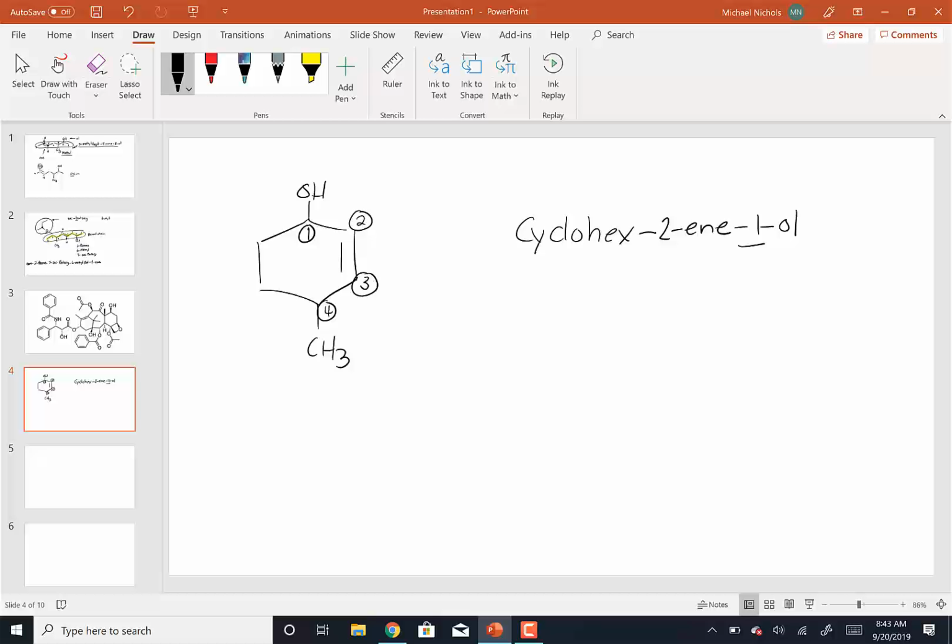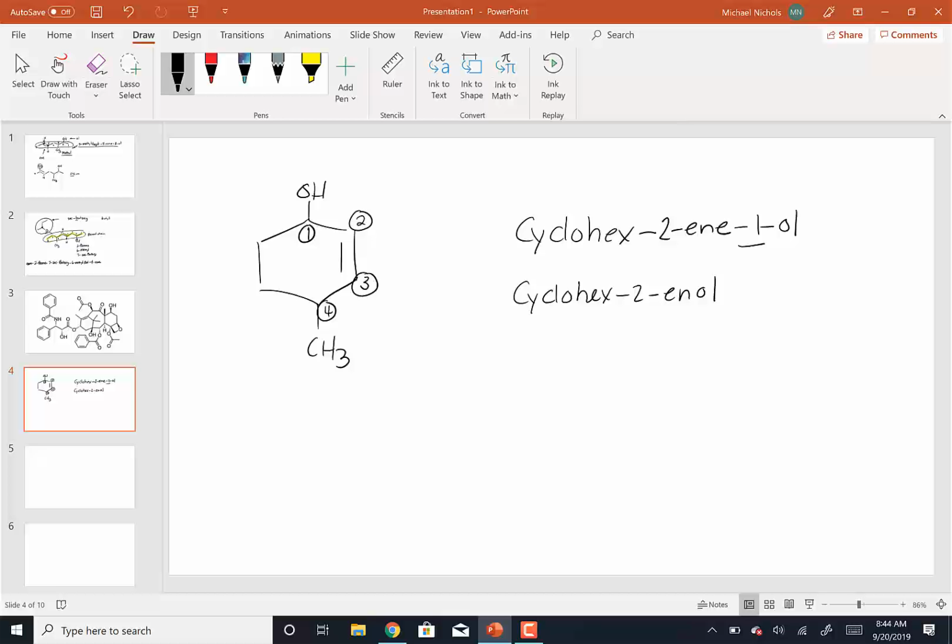And if it's not there, they've decided that you can't have an E next to an OL. So if that wasn't there in your book, you would see this as a cyclohex-2-en-ol, with no E in the ene. So you might see it that way, which just means double bond between 2 and 3, and by definition, the OH group has to be number 1.